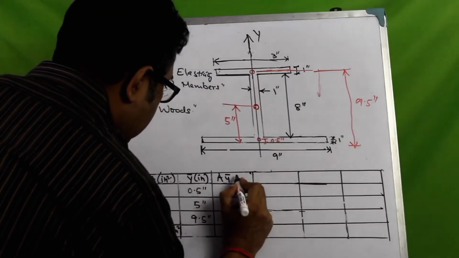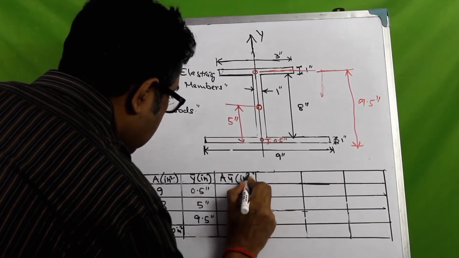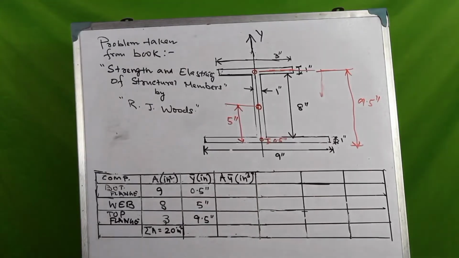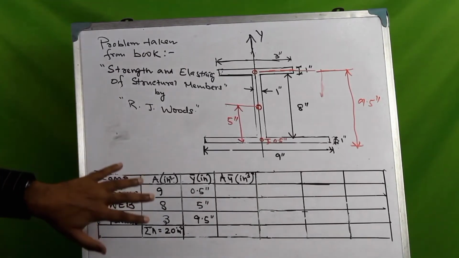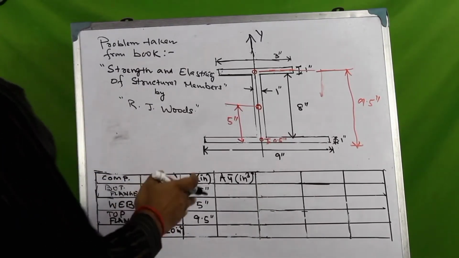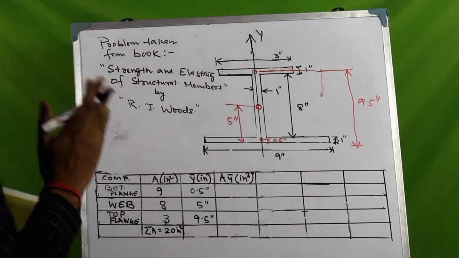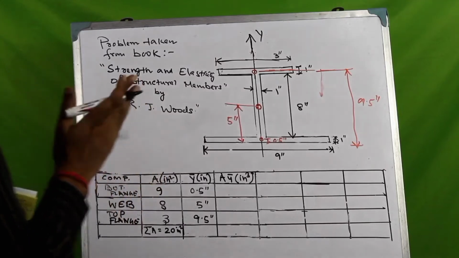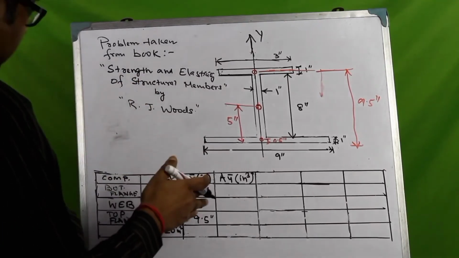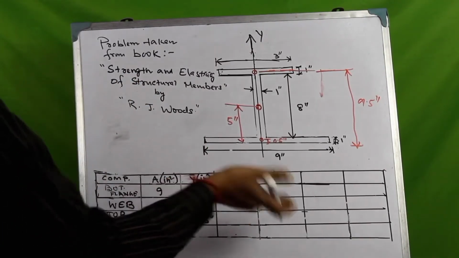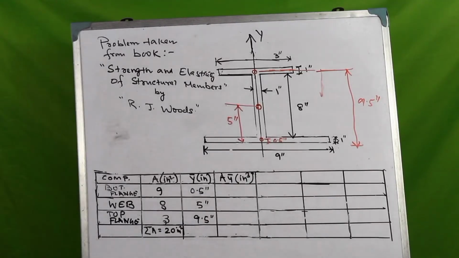The units would be in cubic inch. Why? Because the cross-sectional area is in square inch and the distance of the centroid of the components from the bottom of the bottom flange is in inch. So inch square multiplied by inch would give the units in cubic inch.